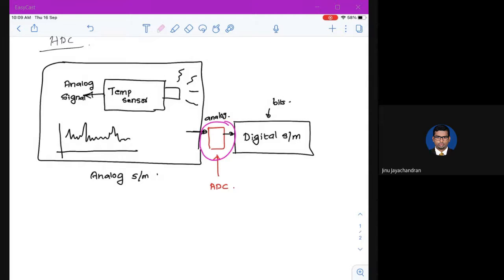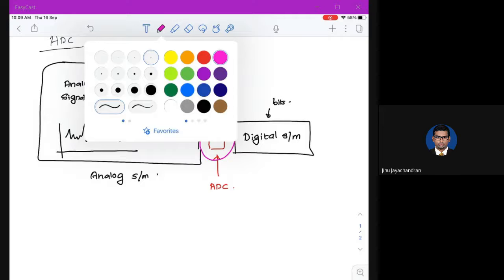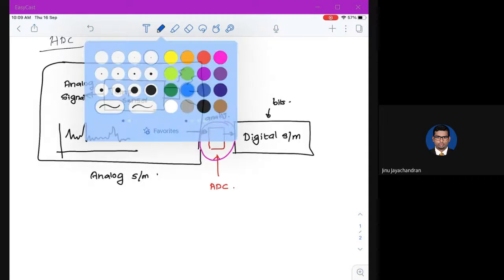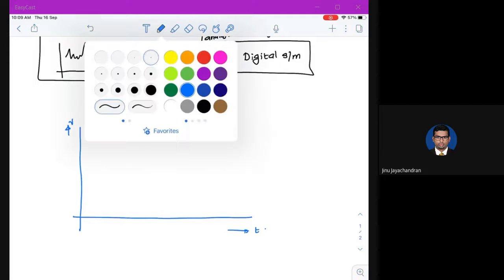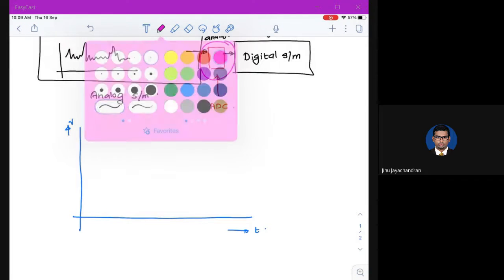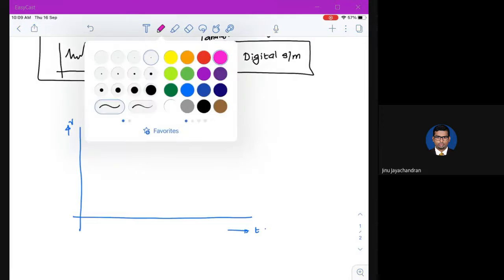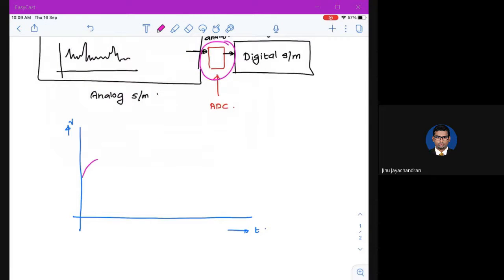Now, when you talk about ADC, if you consider a voltage across time, just to make it simple, let us consider a sinusoidal voltage, for example the 230 volt supply that you are getting from your mains, something like this.